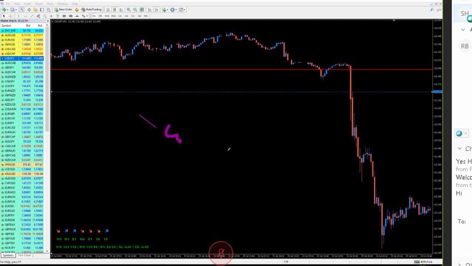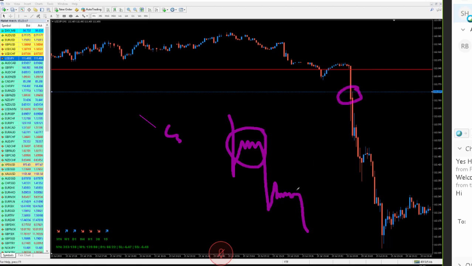So this is essentially price coming down, moving up, moving sideways, and then going. Price coming up, down, and then down. So this one is this, and this one corresponds to this here.